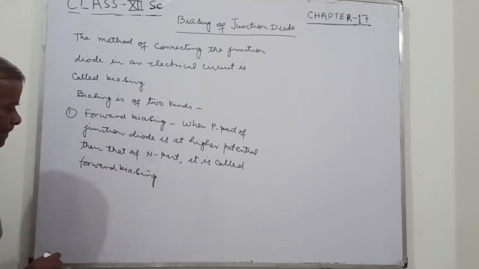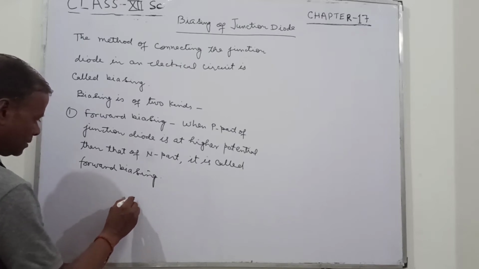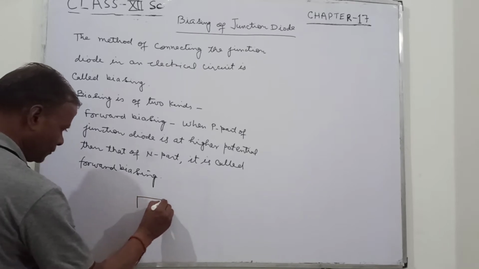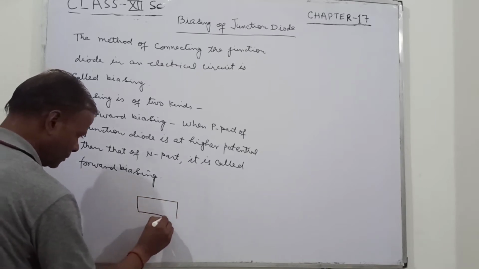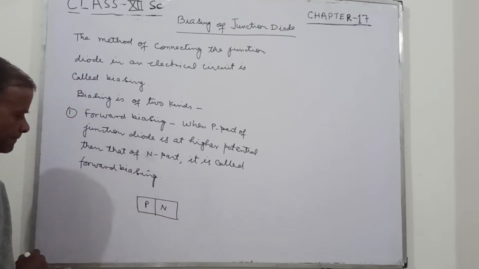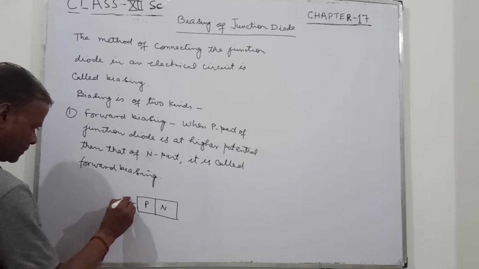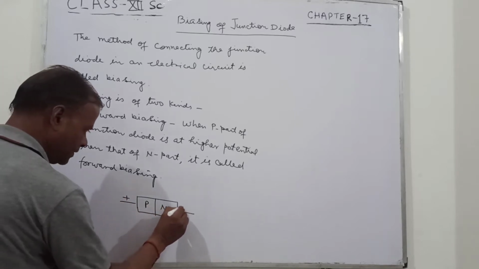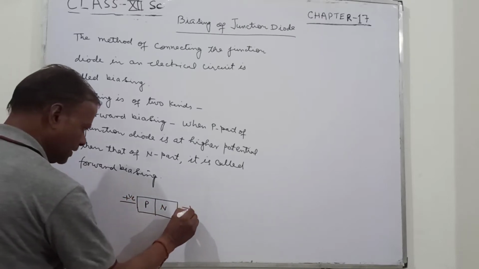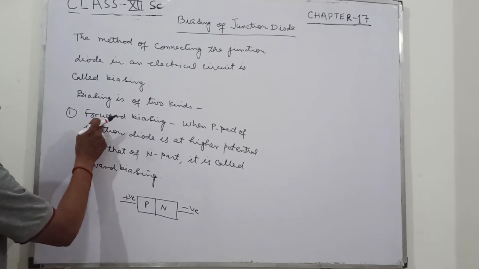Forward biasing. For example, suppose you have this, this is P and this is N, and this is at positive voltage and this is at negative voltage. Then this will be called forward biasing.